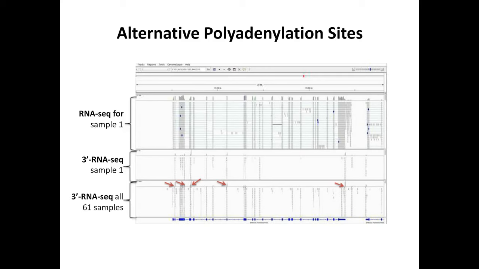So based on this graph, we can see even in one single sample there are multiple sites of polyadenylation. Part of it can be because of alternative splicing, and part of it could be because of usage of the 3' UTR. So with 3' UTR, we could also figure out the alternative polyadenylation sites in the transcripts of the genes.